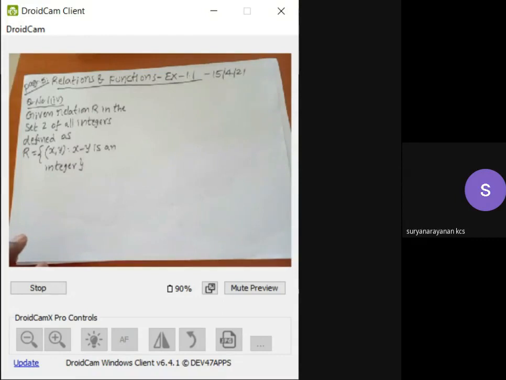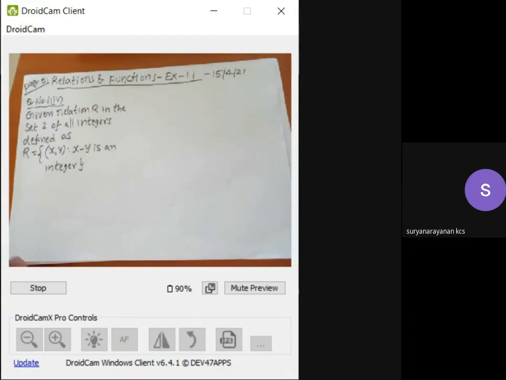In the previous questions, the domain is given clearly. The elements of the domain are given clearly. Yes or no? Yes, sir. In the previous questions, the domain and codomain are the same sets, and the elements of the domain and codomain are given clearly, but here not given. That is a difference.